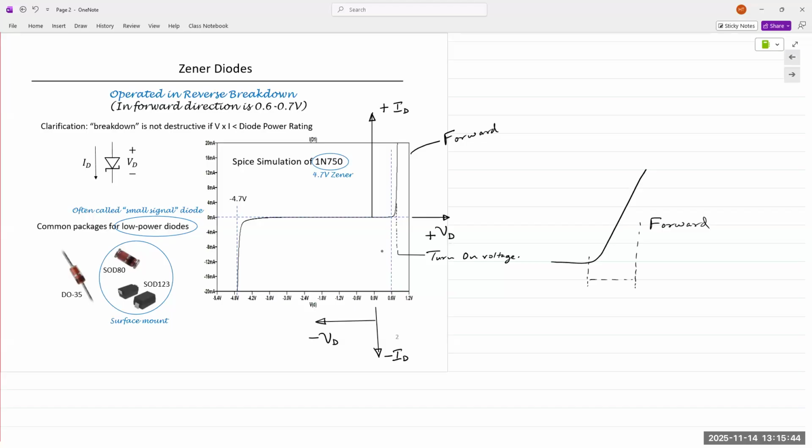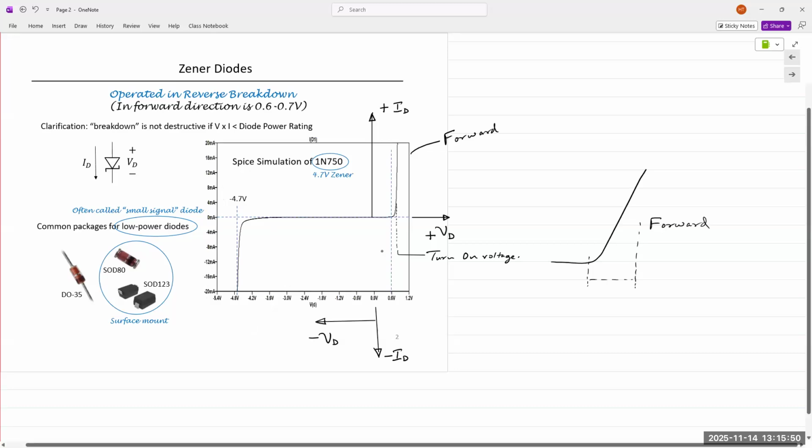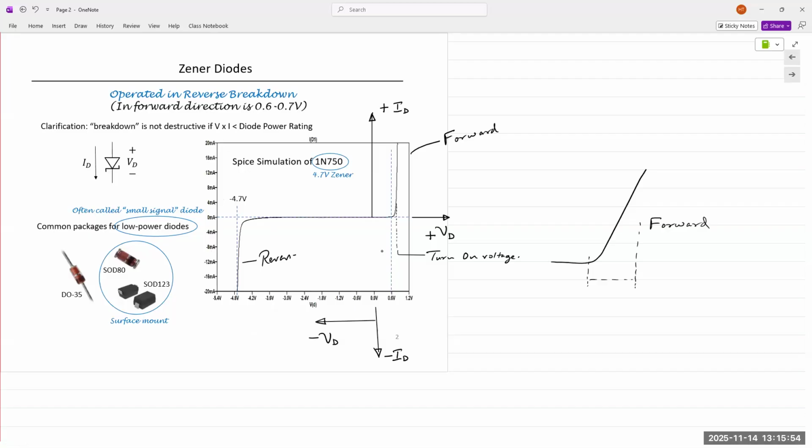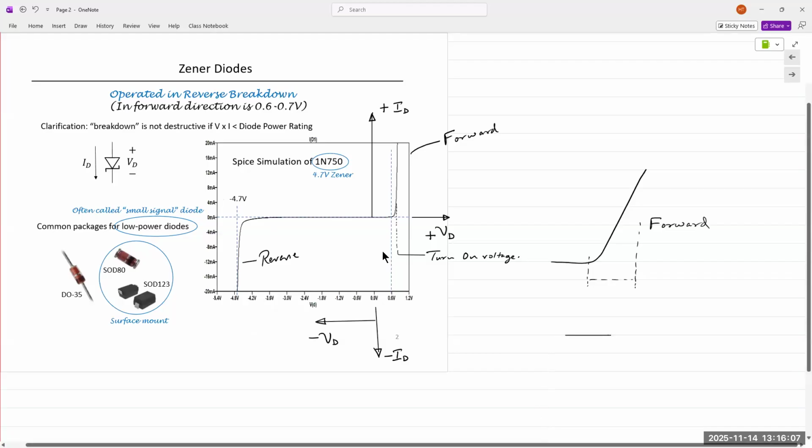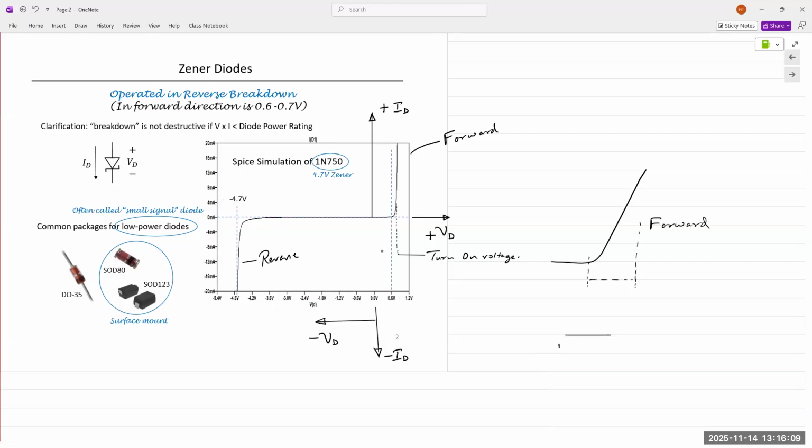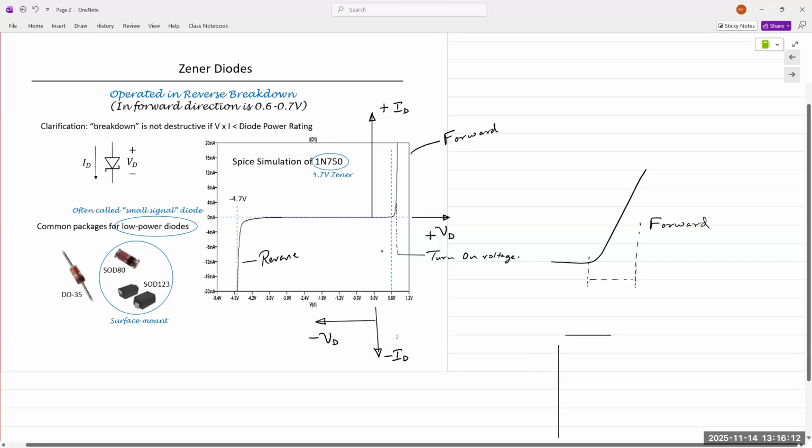Whereas in the reverse operation, once the junction breaks down, it is a far steeper slope. So this is reverse characteristics. And in reverse, it's not a true representation. Let's try it like this with a slight angle.